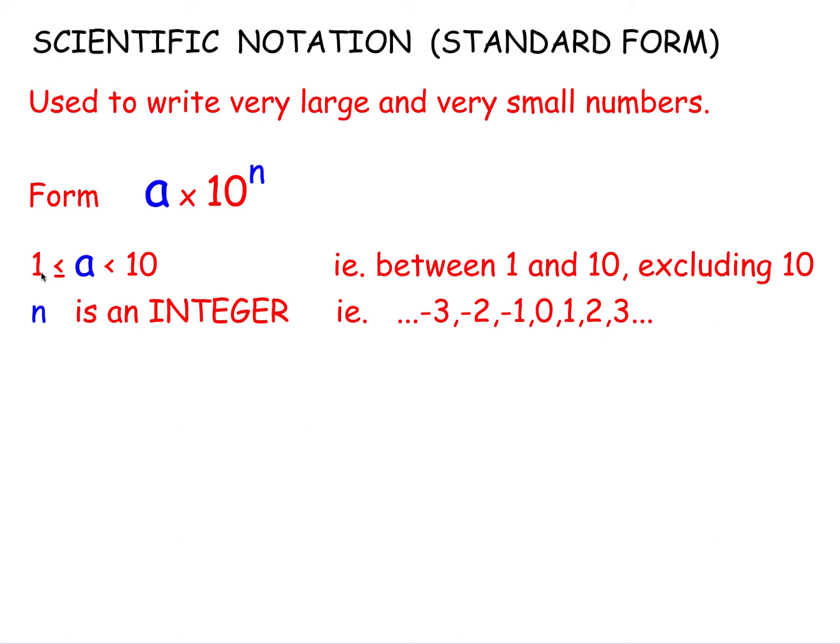So it's 1 point something, 2 point something, up to 9 point something for this first number. And it's how many times you multiply by 10 to get this number a back to the original number. n is a whole number: 0, 1, 2, 3, or its negatives, negative 1, negative 2, negative 3. They're the set of integers. So integers are whole numbers or their negatives, and that's the power of 10 that you have. So this is standard form, scientific notation.